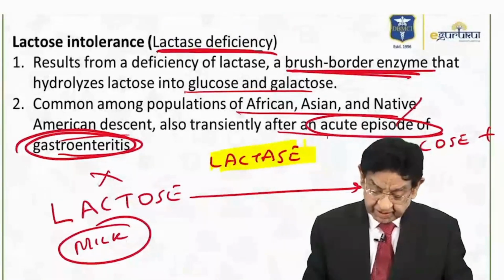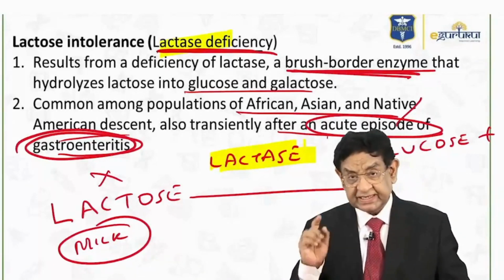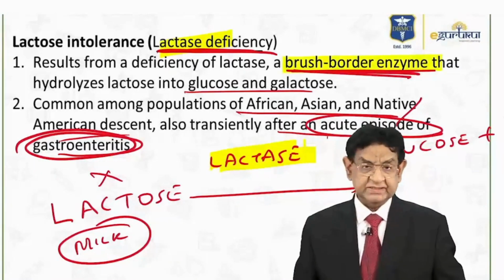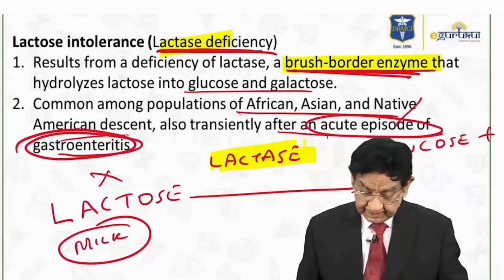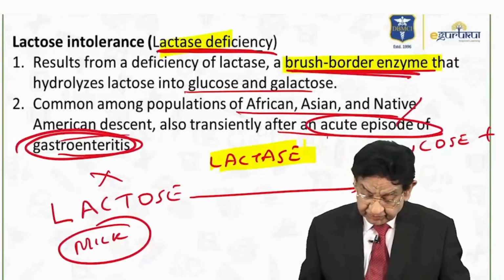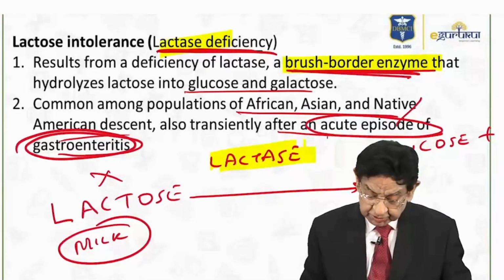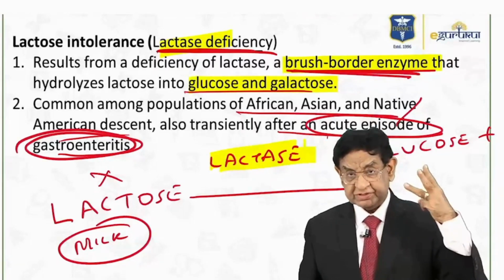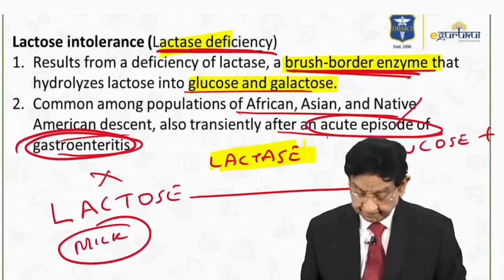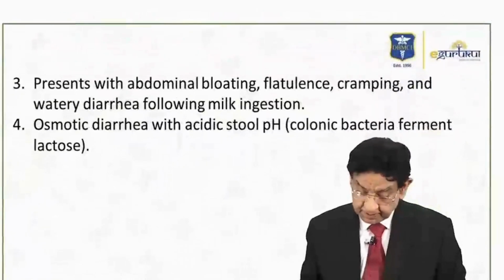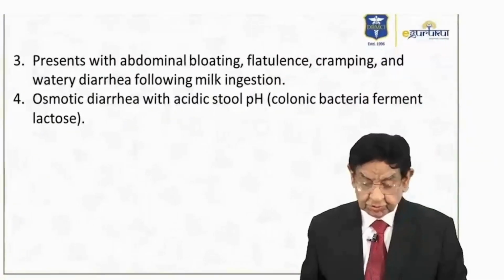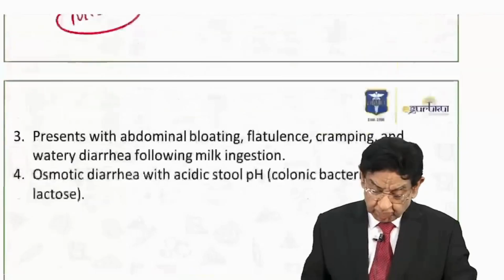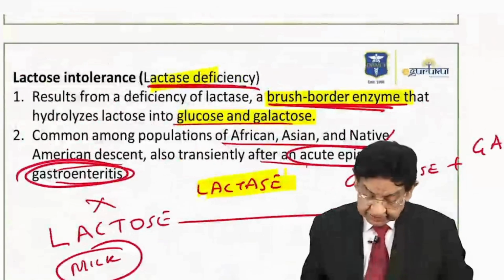So friends, as of now the keywords are: lactase deficient, lactase is a brush border enzyme, and it converts lactose into glucose and galactose. The three keywords as of now. So we talk about more, and I told you lactose is there in the milk.